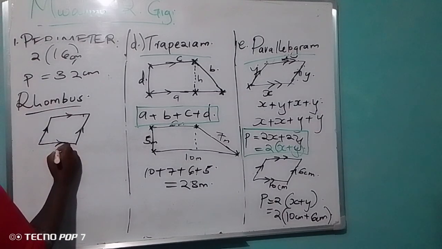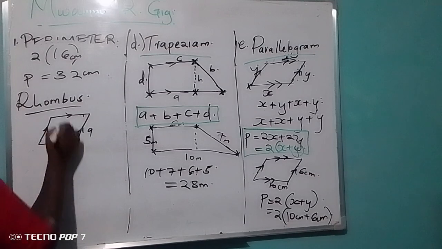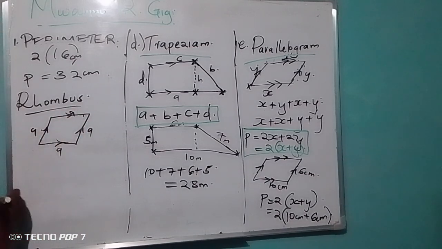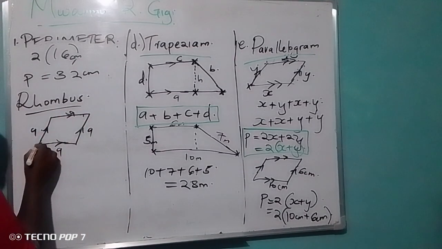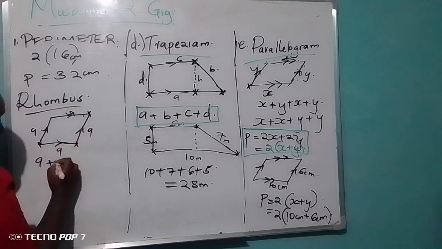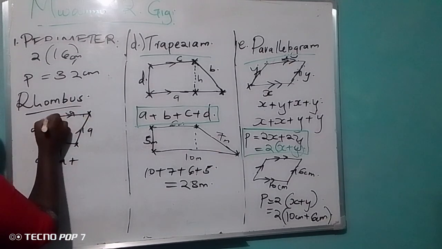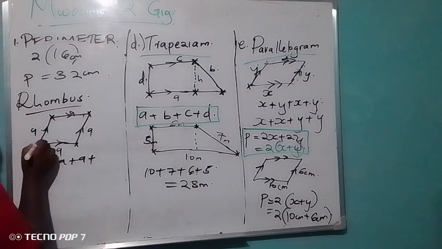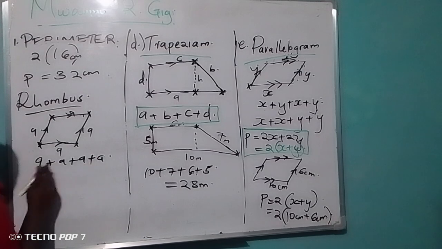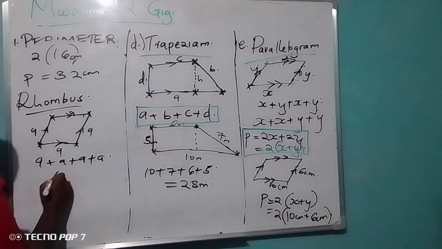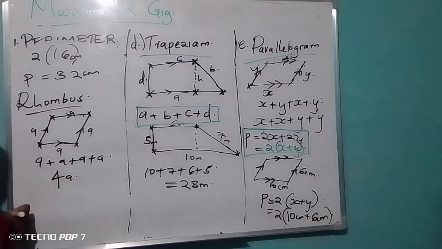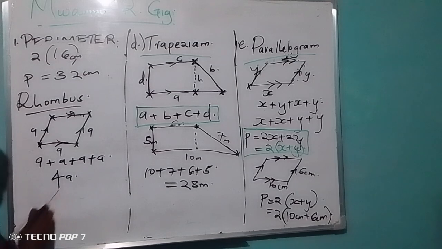Meaning, if this side is A, this side will be A, this side will be A, this side will be A. So, A plus A plus A plus A itakuwa 1, 2, 3, 4, sindio? Itakuwa 4A.